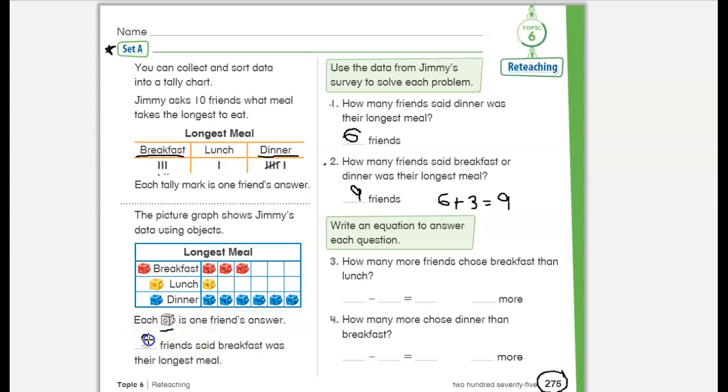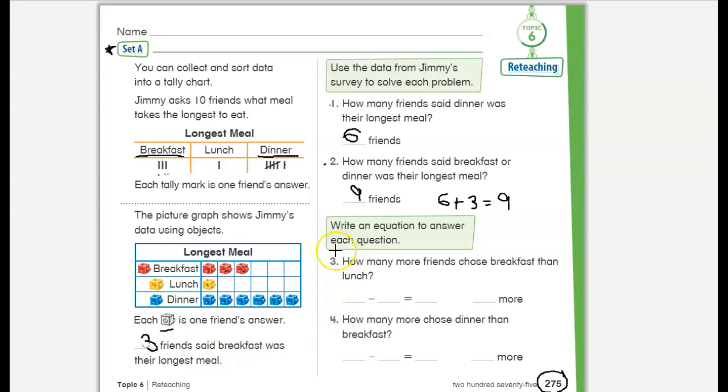Three friends said that breakfast was their longest meal. So this part was already filled in for us. We can look back at our tally chart and our picture graph and count the 3 votes for those friends who said breakfast was their longest meal.